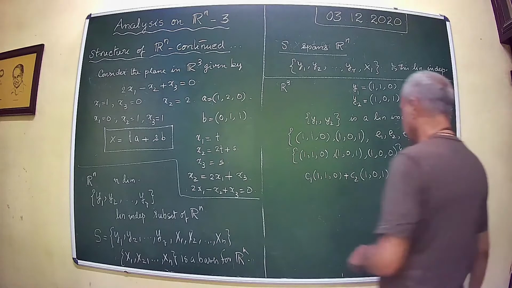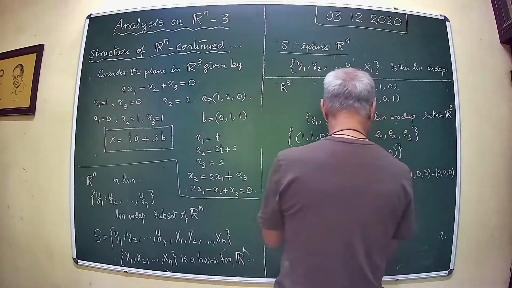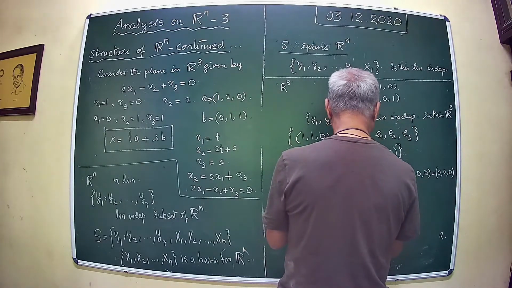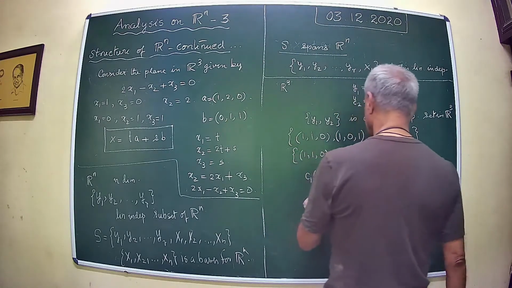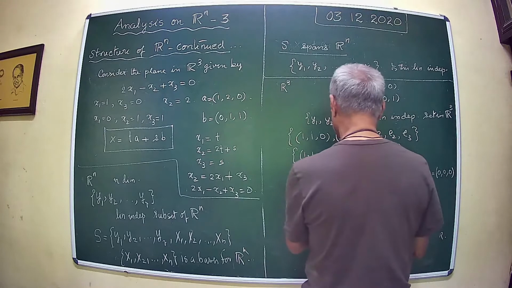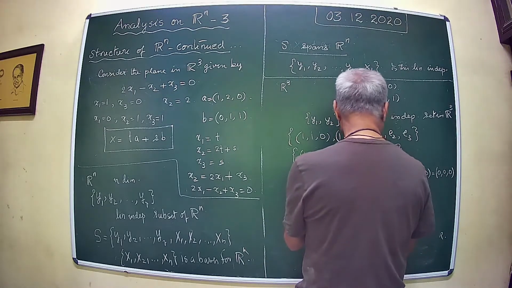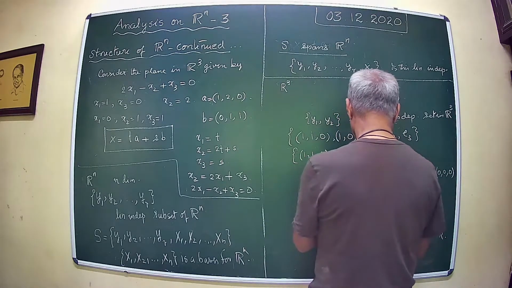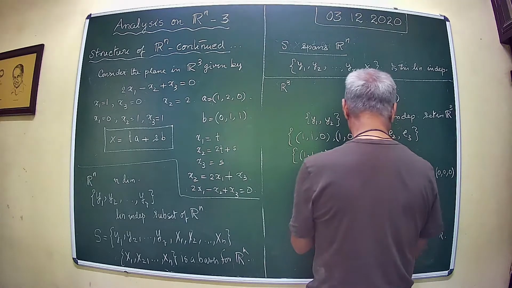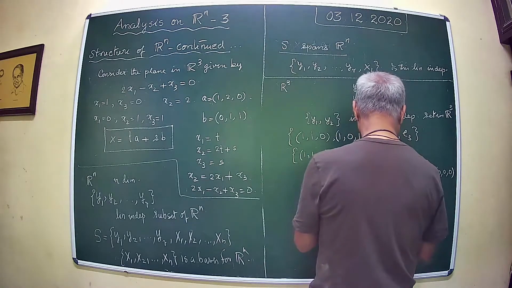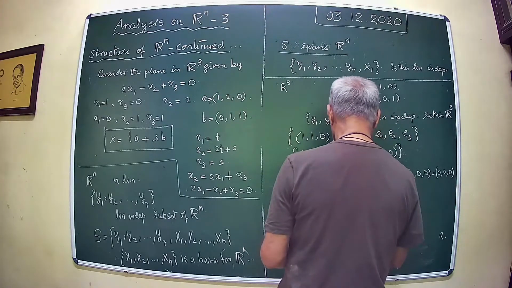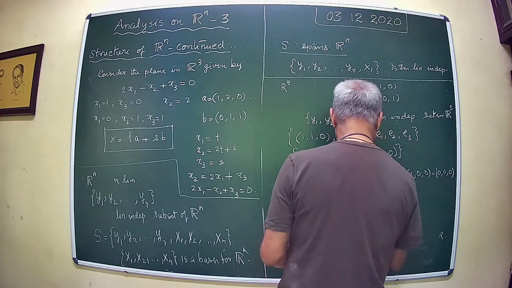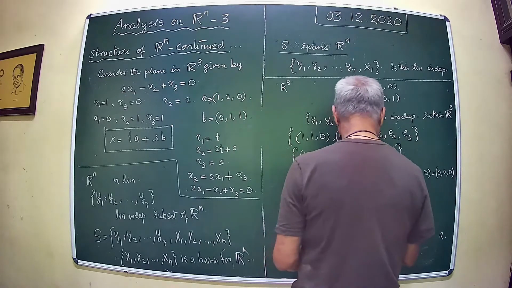What does this give? This gives C1 plus C2 plus C3 equal to 0. That is one equation. The second equation is C1 equal to 0. The third equation is C2 equal to 0.